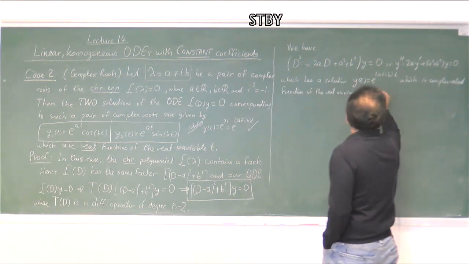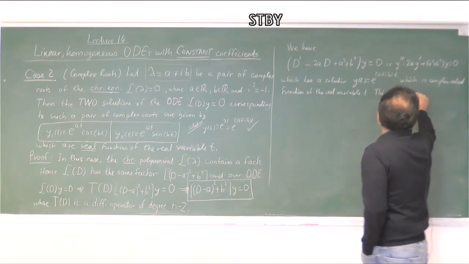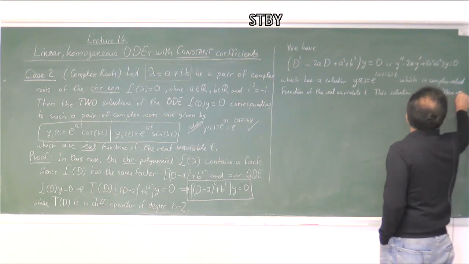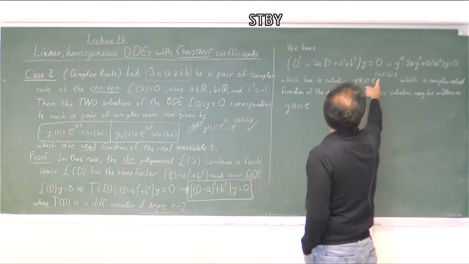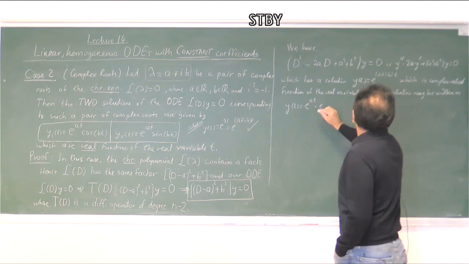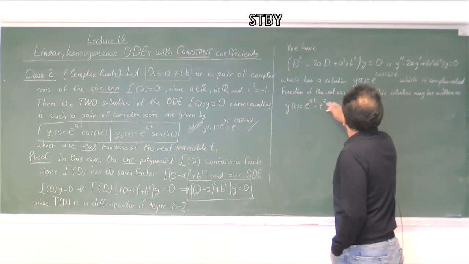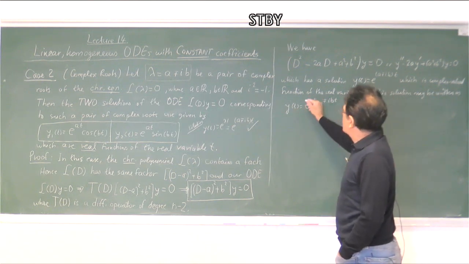Now, this solution may be written like that. Look, we have e to power at times e to power plus or minus ibt. Correct?